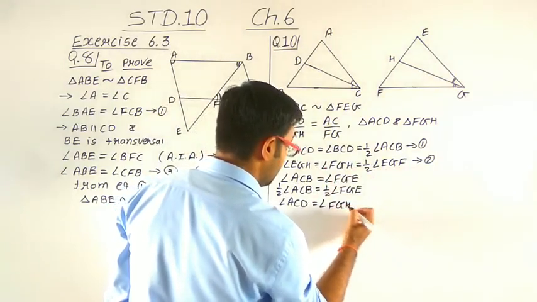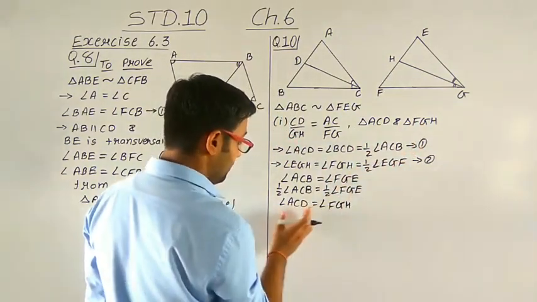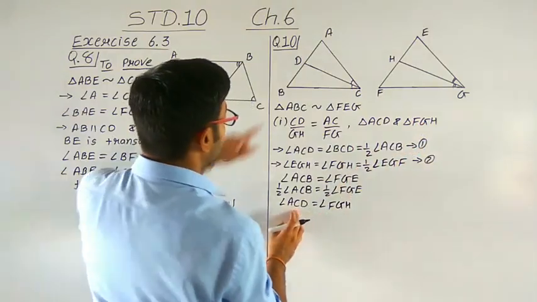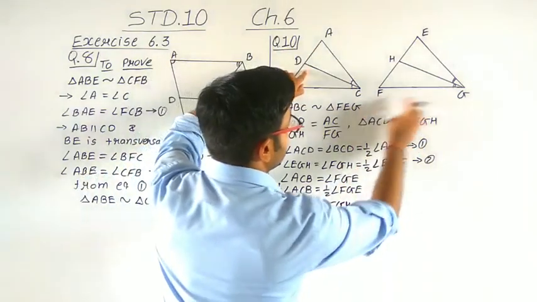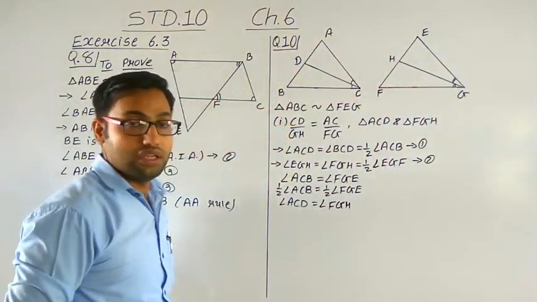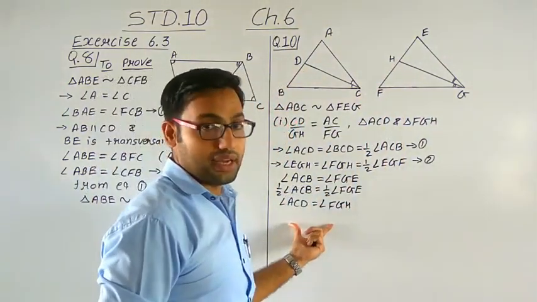So for both these triangles, one angle is equal, right? Angle ACB and angle FGH, one angle we have proved here that are equal.